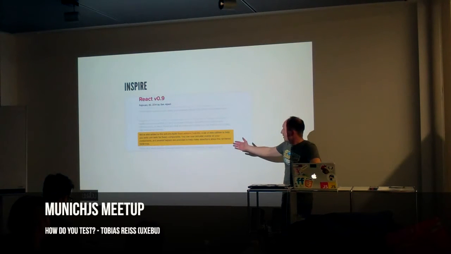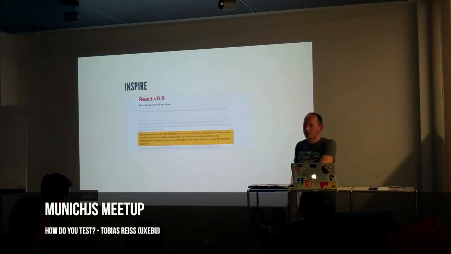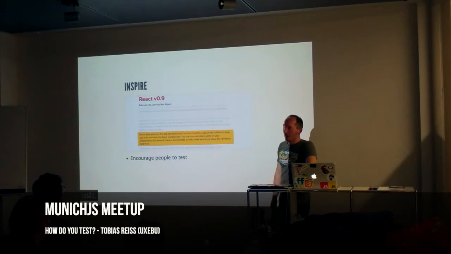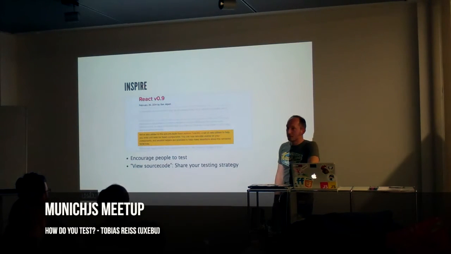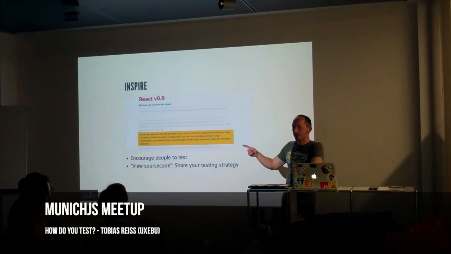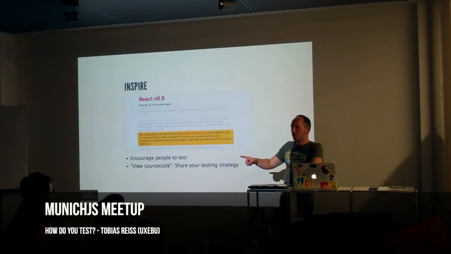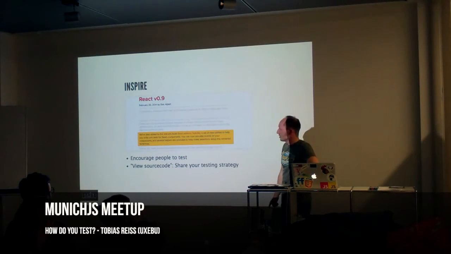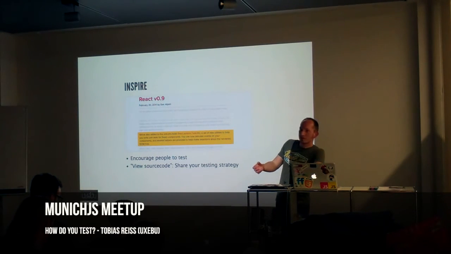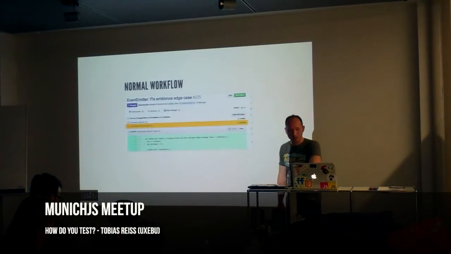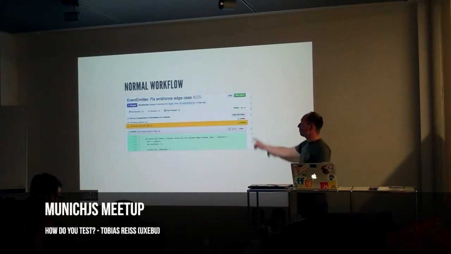They provide utilities and mocks to test the components of React, and by that, they encourage people to test. And what's really interesting is that if they provide all the tests in their repository, we can use the source code. We can see what they tested, how they test, and we can maybe copy it, or at least discuss it. And this should be a normal workflow.